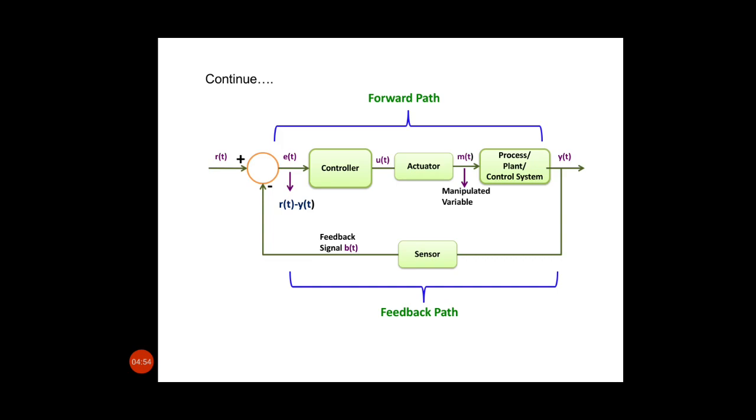So what do we mean by sensor dynamics? Let's say we want to control the temperature of a room. If we use a temperature sensor to measure the temperature of air in the room, that sensor may have its own response characteristics.